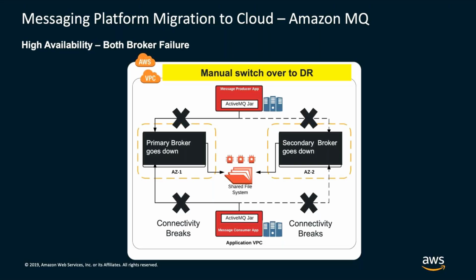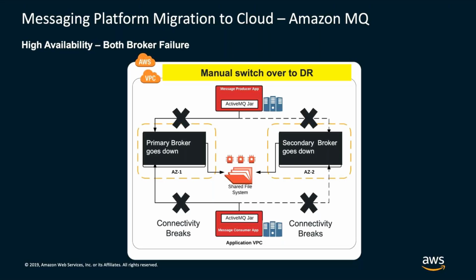And even if you do that, there is the risk of losing those in-transit messages which are not processed yet. These messages are not lost, they are still there in the primary site, but they are not available on the DR site because they are not replicated across the region from your primary site to the DR site.